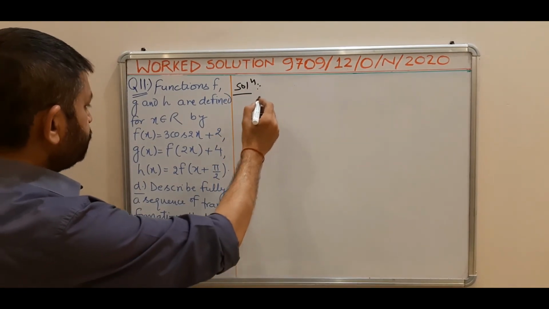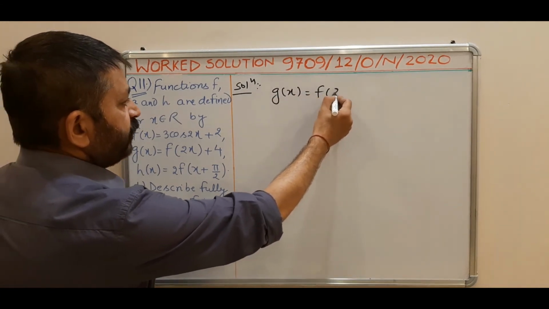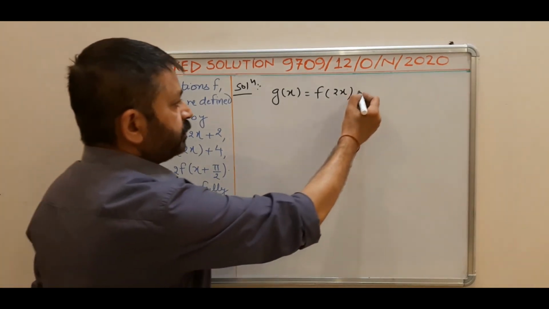So it is given that gx is f of 2x plus 4.